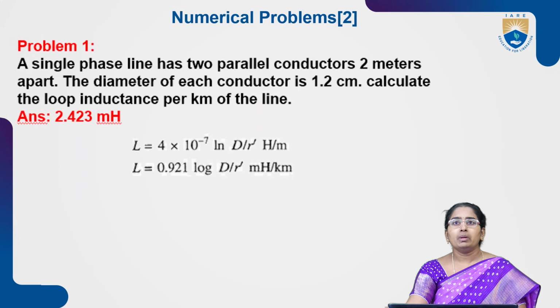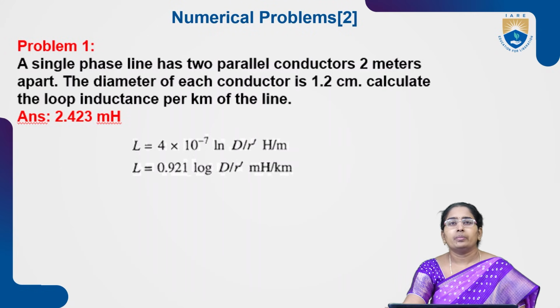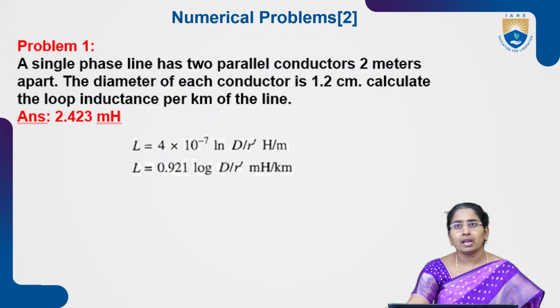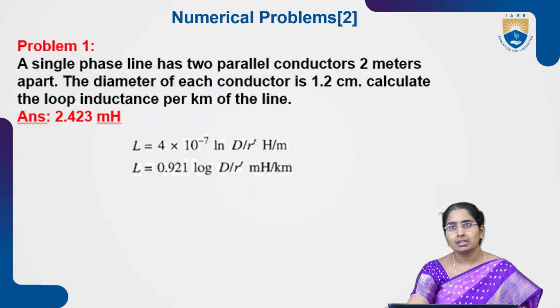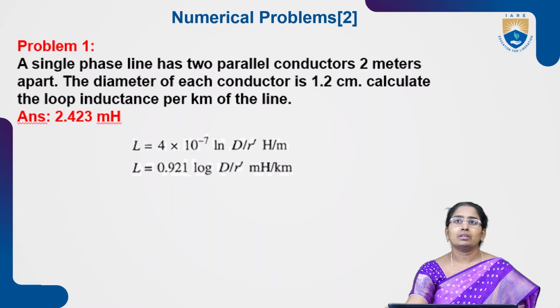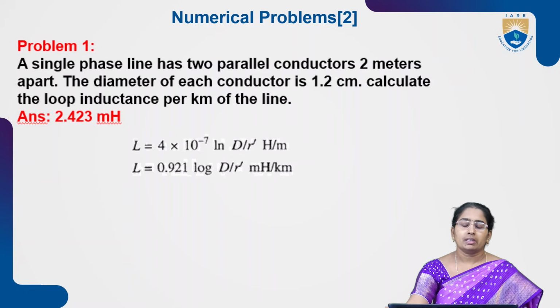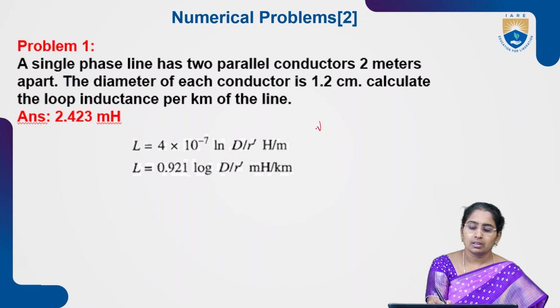So the problem is given here. A single phase line has two parallel conductors 2 meters apart. What is the distance between the conductors given? 2 meters, right?